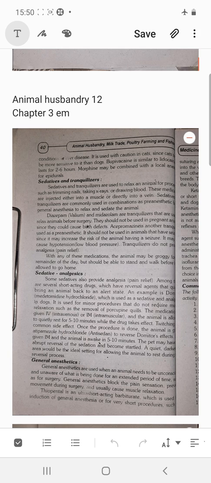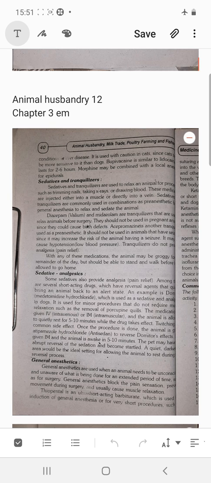The second one is sedative and tranquilizer. So what are sedatives and tranquilizers? Sedatives and tranquilizers are used to relax an animal for processes such as trimming nails, taking x-rays and drawing blood.